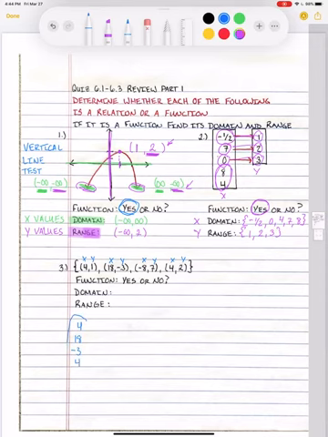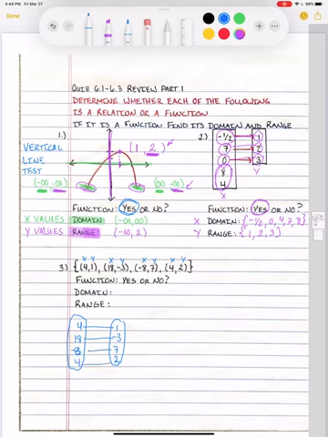Those are my x values. Then the y values are 1, negative 3, 7, and 2. Okay, and if we draw our arrows, it might be a little easier for us to see. So we have 4 and 1 are together, 18 and negative 3 are together. That's a negative 8, not a negative 3. Goodness. Anyway, these two are together, and these two are together.